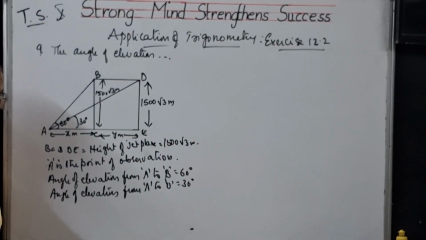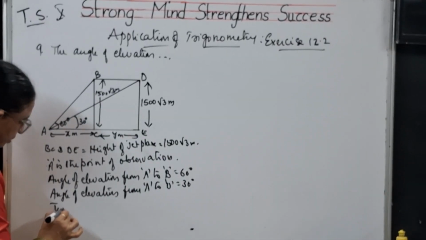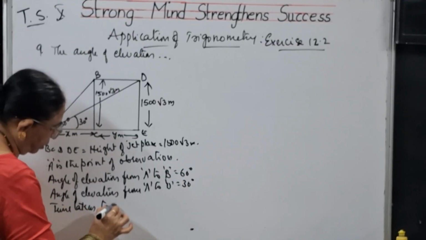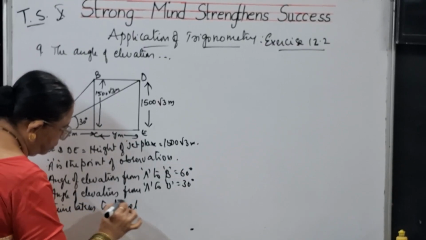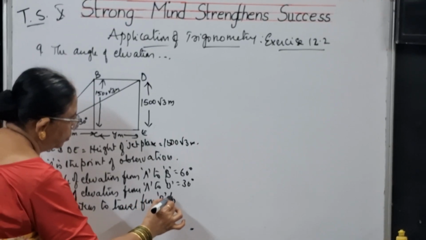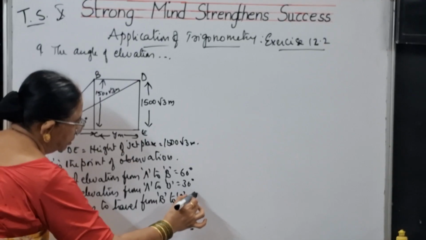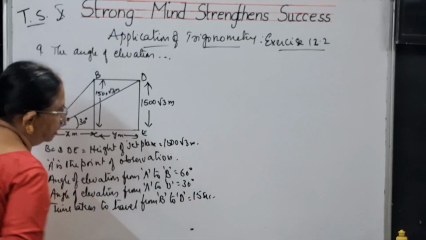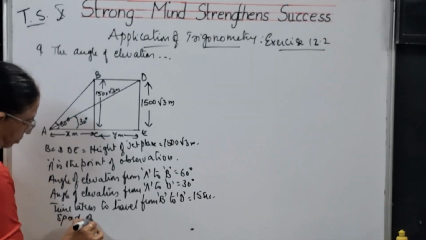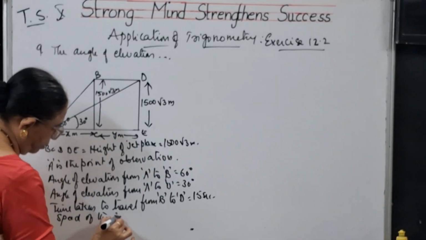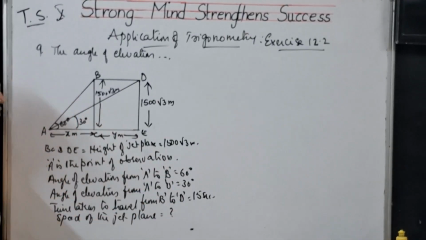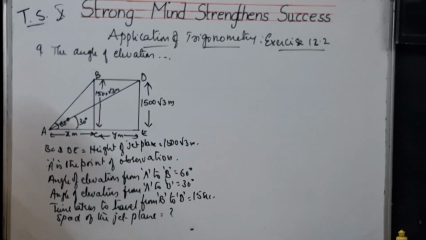And what else they have given? Time taken to travel from B to D is equal to 15 seconds. What is the question? You need to find the speed of the jet plane. This is the question, children.